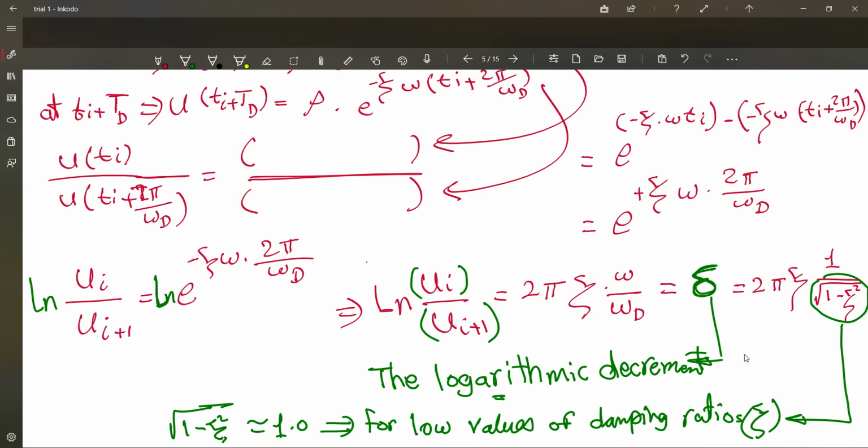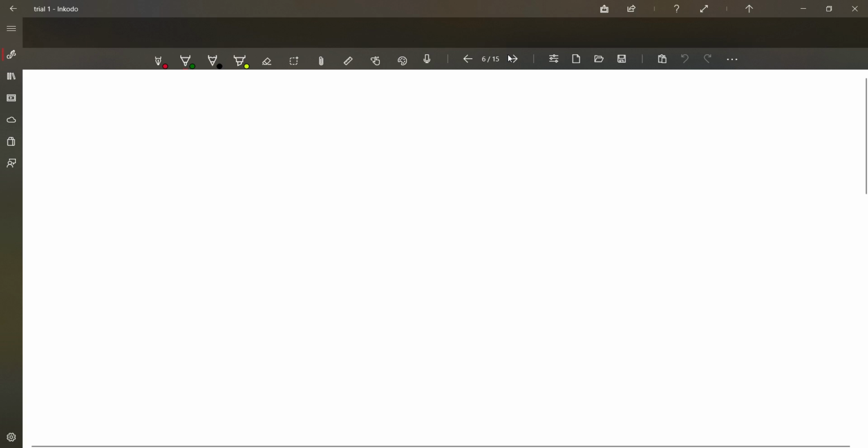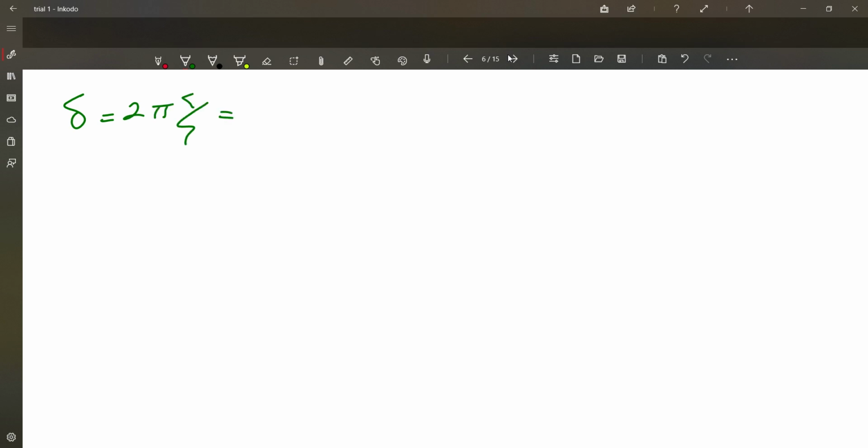Well, what should we do in this case? Okay, we're going to arrange again our point. Let's start from here. So we are going to say that our logarithmic decrement is going to be equal to pi psi, which equals ln of u of ti over u of ti plus td.